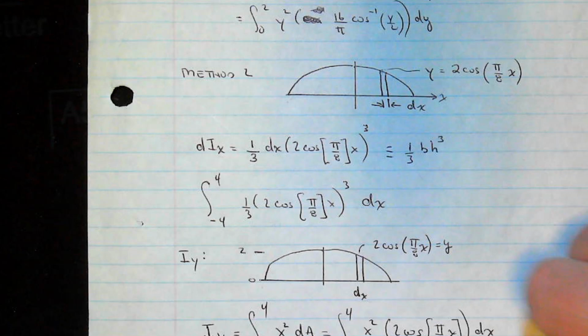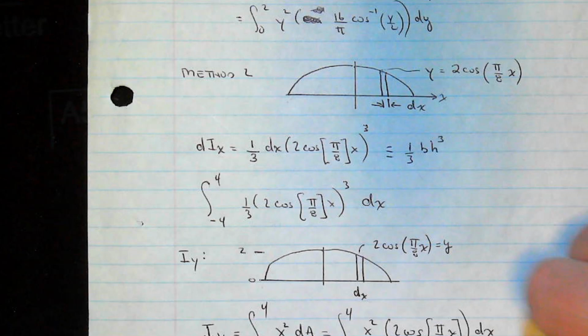That says you want to integrate against x. So here's the x squared. The differential area is a dx and this height. What is that height? It is simply 2 cos of pi over 8 x. And bam. Much easier to integrate than what we had up at the top with an inverse cosine.